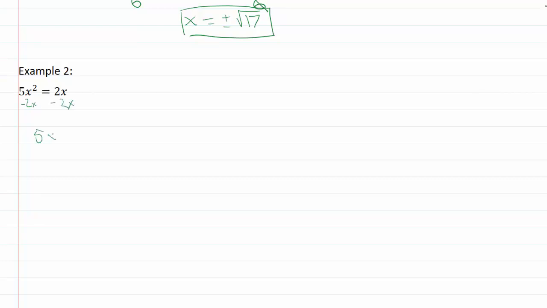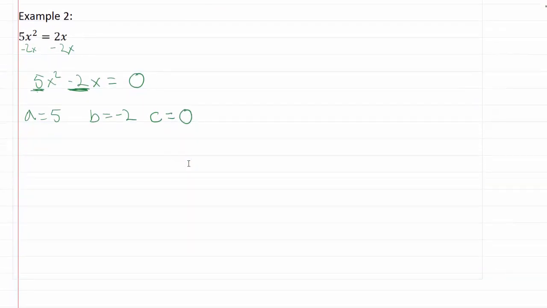I've got 5x squared minus 2x equals 0. So then the next thing that I want to do is identify, this is my a. This number in front of the x is going to be my b. And then I don't have just a plain number term. That's the term that I'm missing. So for c, I'm going to plug in 0.